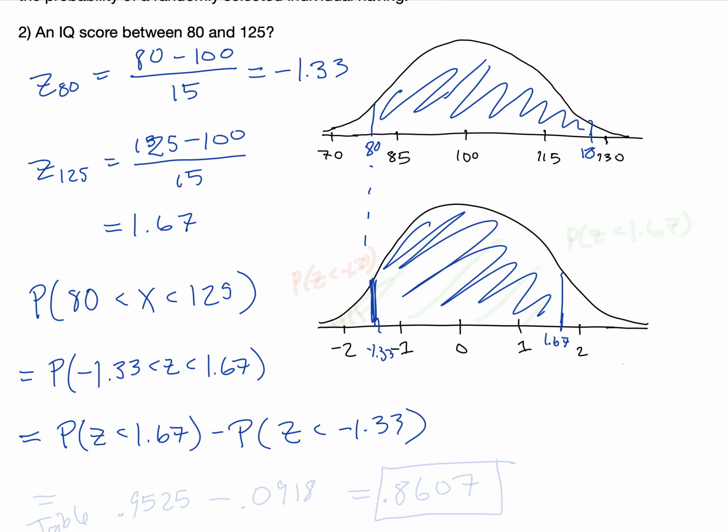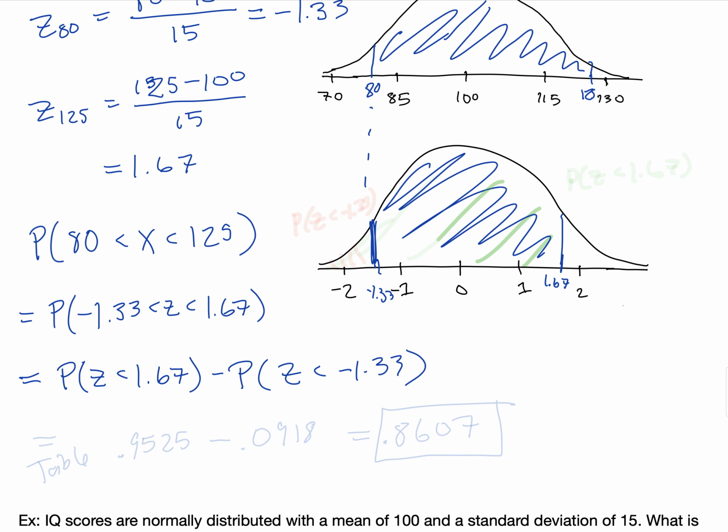So in other words, we are taking all of this, the probability that z is less than 1.67, and subtracting off this probability. We're subtracting away the probability that z is less than negative 1.33. And when we do that, we'll just have the blue shaded region in the middle that we want. So for this, we need the table.